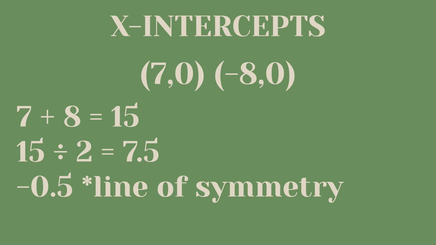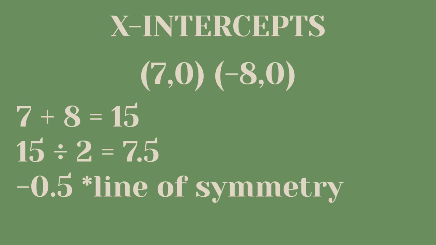So the total distance between the two intercepts is 15 units, and to find the point that is exactly in the middle of both these intercepts, we need to take that amount of units, which is 15, and divide it by 2, which gives us 7.5. So whatever is 7.5 units away from 7 and 7.5 units away from negative 8 is the middle.